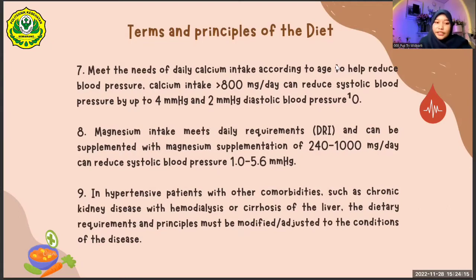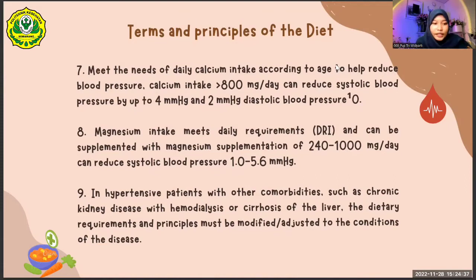Number 8 is magnesium intake that meets daily requirements or DRI, and can be supplemented with magnesium supplementation of 240 until 1000 mg per day, which can reduce systolic blood pressure 1.0 until 5.6 mmHg.